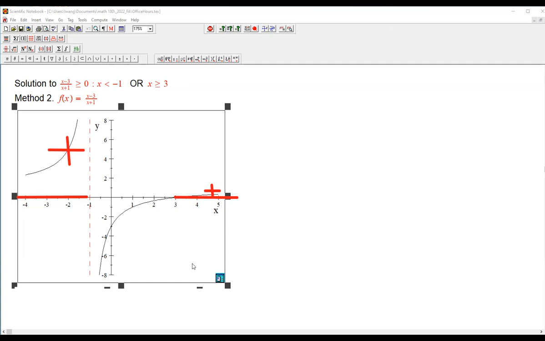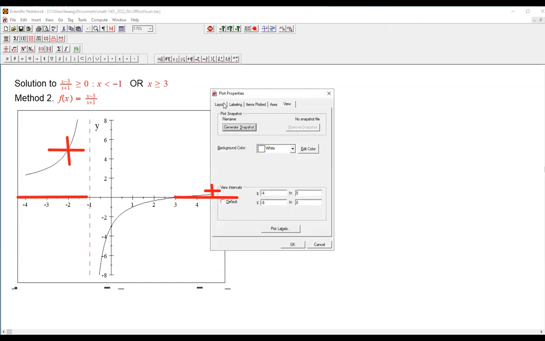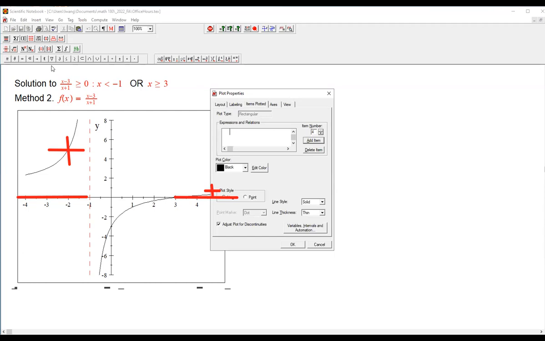So if I am to draw these properly, let me draw this properly. -1, 0. This is going to be red, thick.